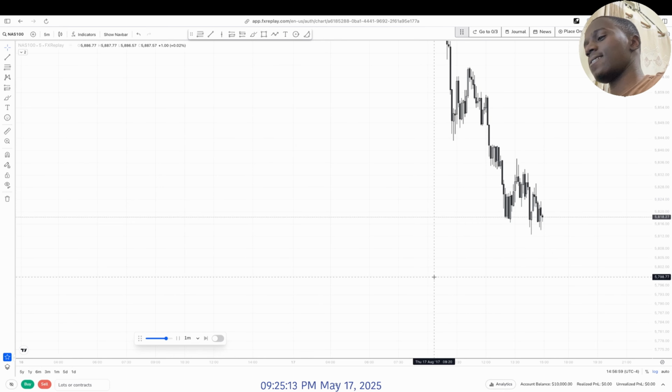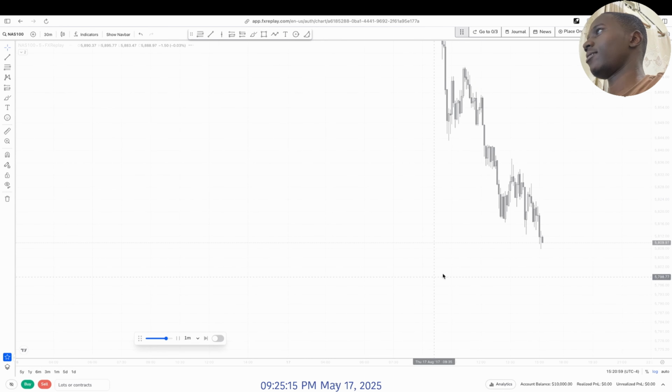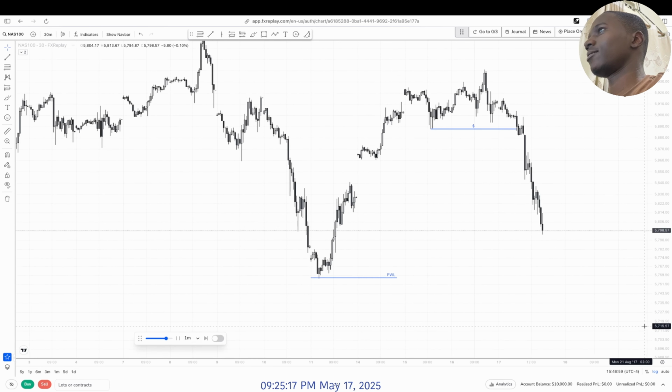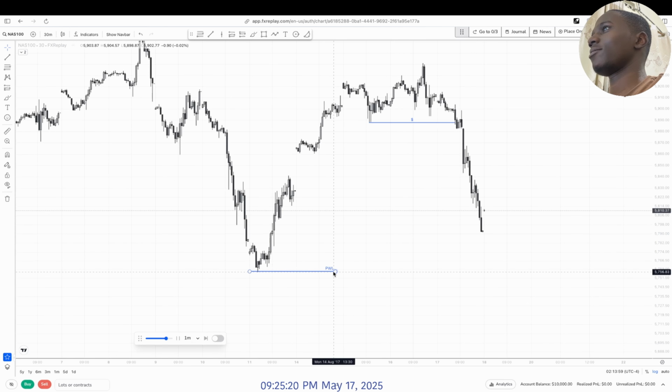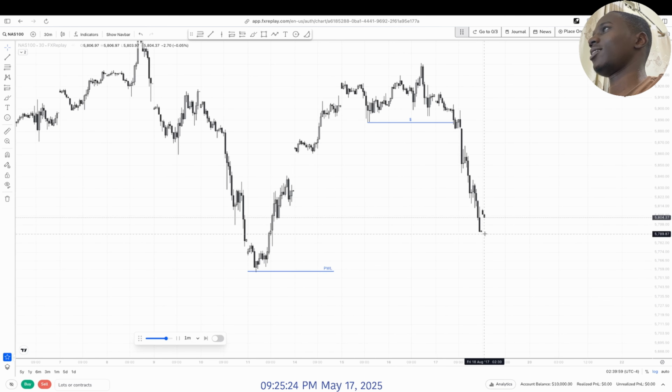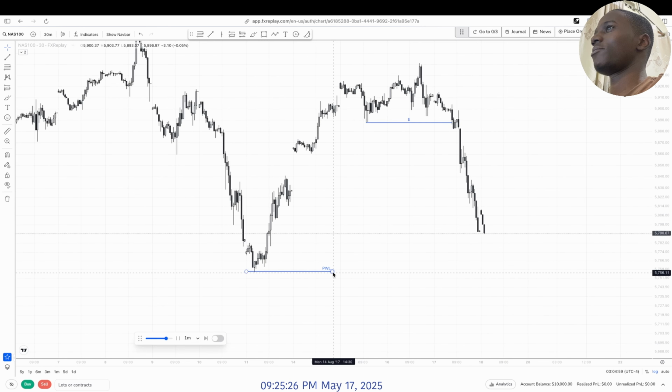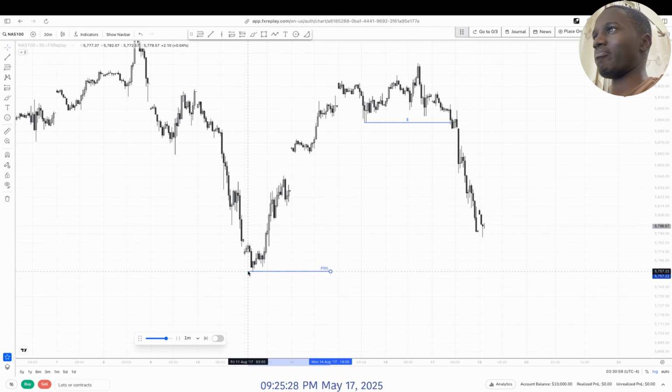In the 30-minute, what are we seeing? So we're still dropping until this. We have this previous weekly low, and we've got Friday starting now, which means this was a really strong liquidity level.